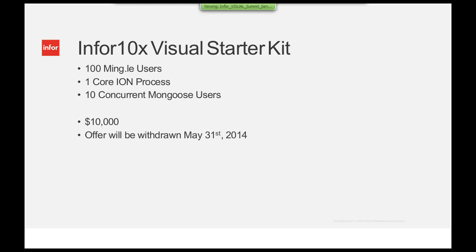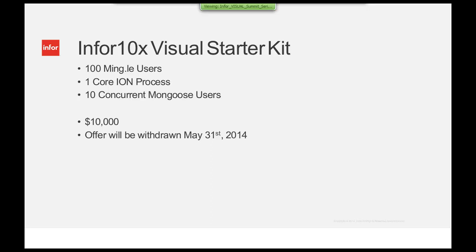It's all available for $10,000 USD. We actually offered it last year, and we've extended it out now to the end of our fiscal year, which is May 31st, 2014. If you're looking at all those individual components and how they're priced out, that's about a 70% discount.